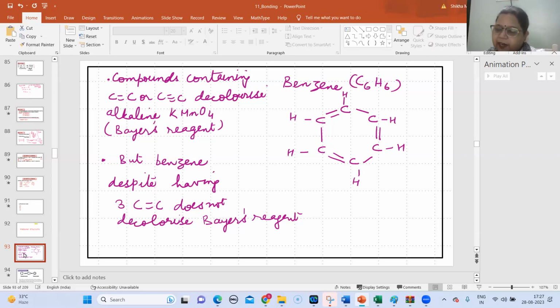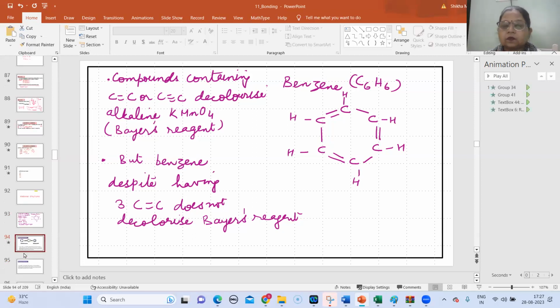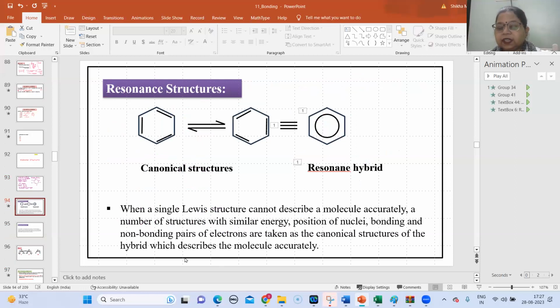But we must understand one fact: benzene, although it has 3 carbon-carbon double bonds, does not decolorize Bayer's reagent. Now, these are two contradictory things. It was expected to do so, but it is not doing so. So how do we solve this puzzle?